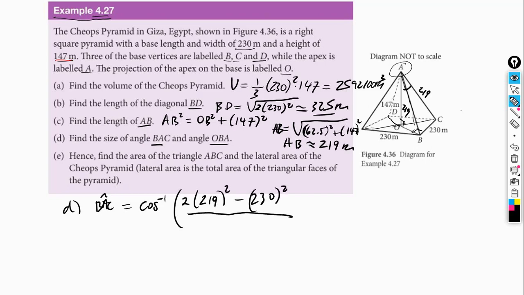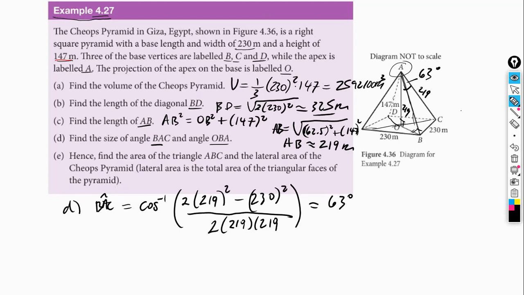This divided by 2 times A times B. So 2 times 219 times 219. So you want to plug this whole thing into the calculator. Notice that this is going to give you approximately 63 degrees. So that's this angle here, 63 degrees.